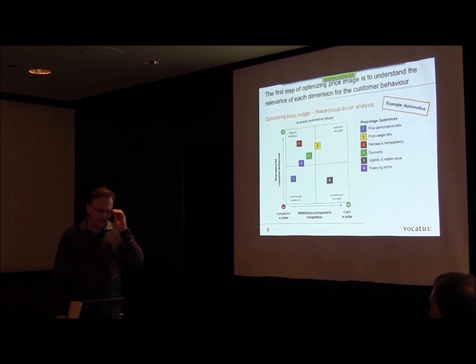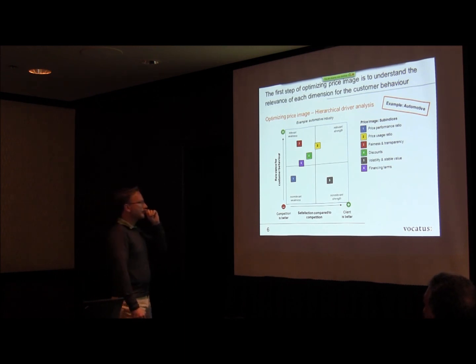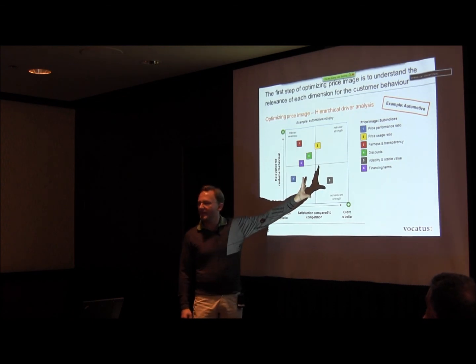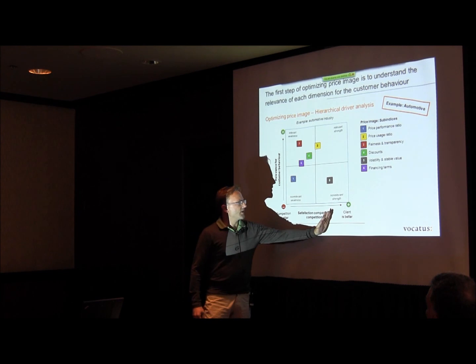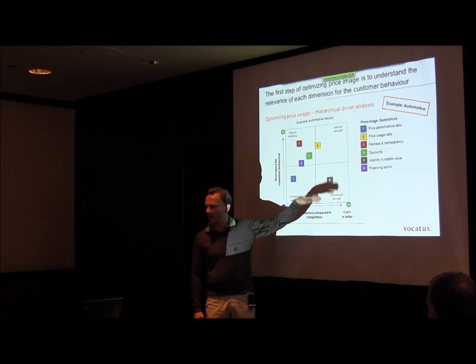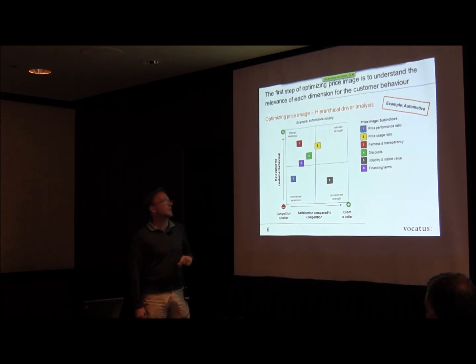For example, here I have an example from the automotive industry. These are the dimensions of price image for this given brand. Here you have satisfaction compared to competition, whether people are more or less satisfied with those dimensions of the price image, and relevance to customer behavior.